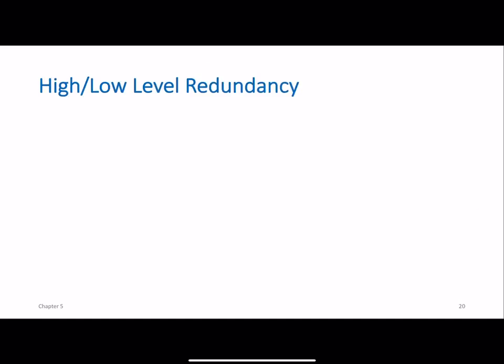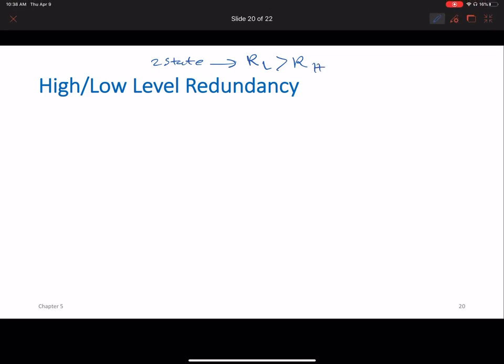Also, we saw previously that low-level redundancy increases the reliability compared to a high-level redundancy. So we saw that for two-state devices, the reliability of low-level redundancy was higher than the reliability of high-level redundancy. But let's see how that one changes for three-state components.